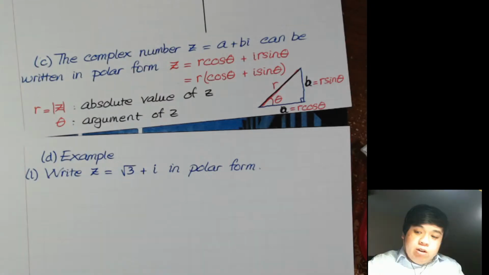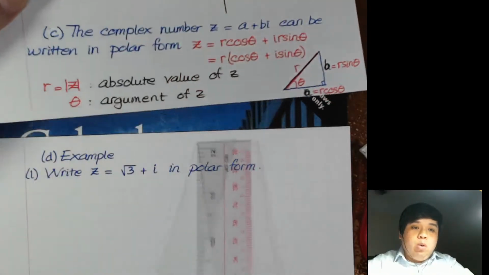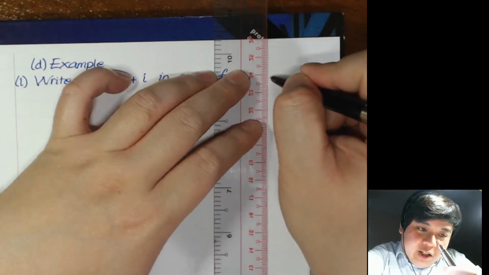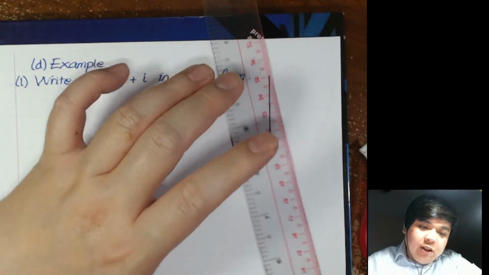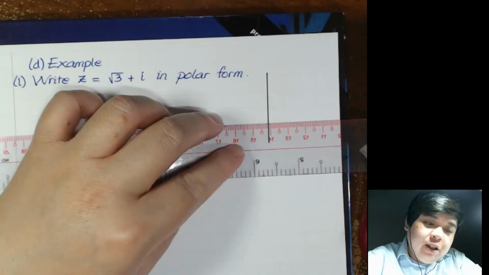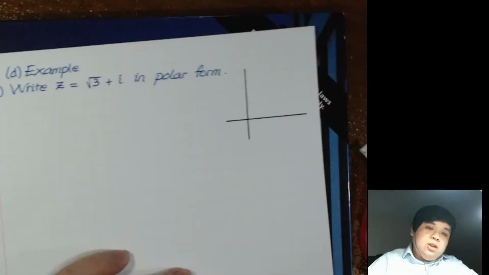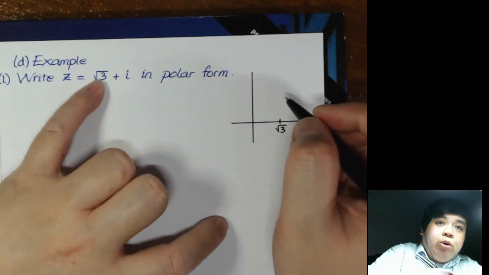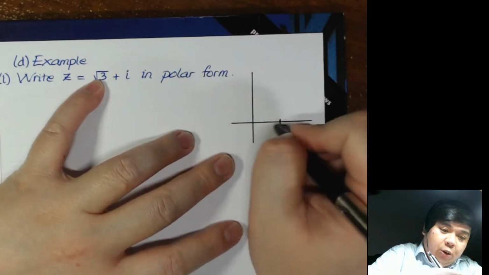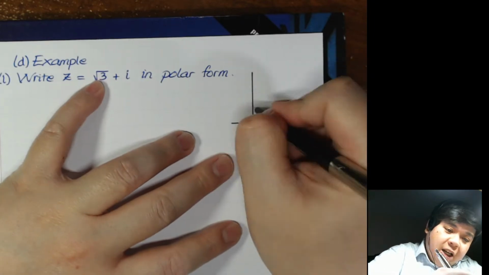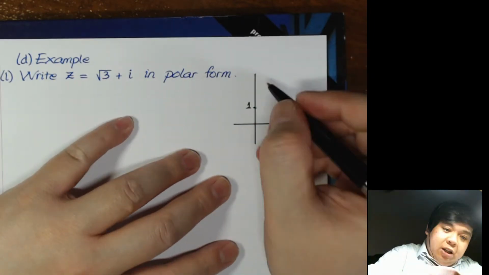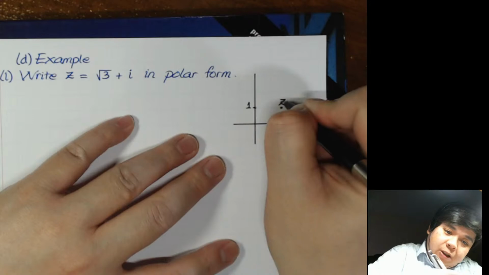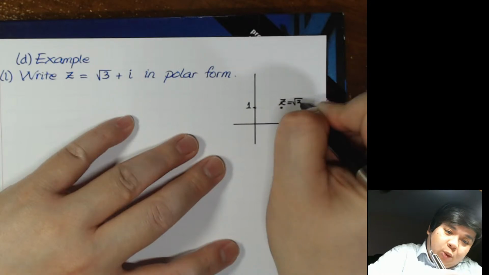So if we try to sketch, we'll get the idea first and then we can always convert. So we have square root of 3 on the real part, the x-axis, then 1 on the imaginary part, the y-axis, and this point is square root of 3 plus 1 times i.